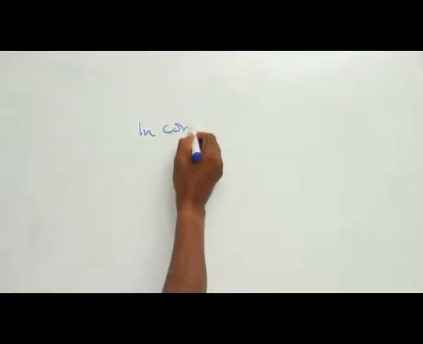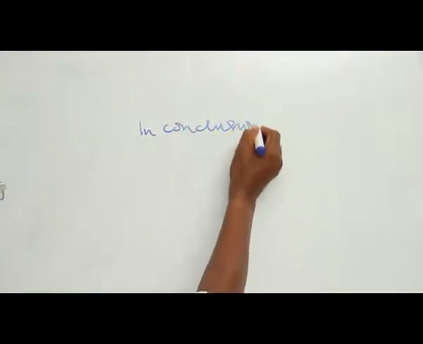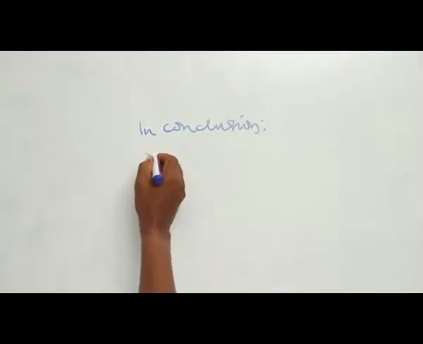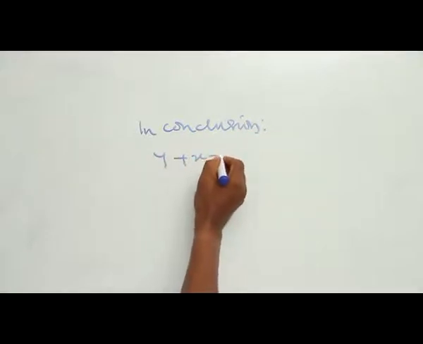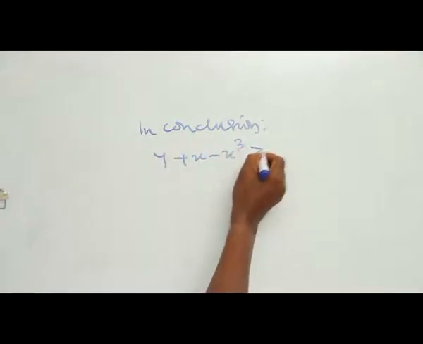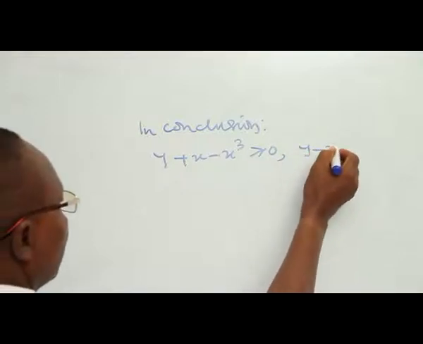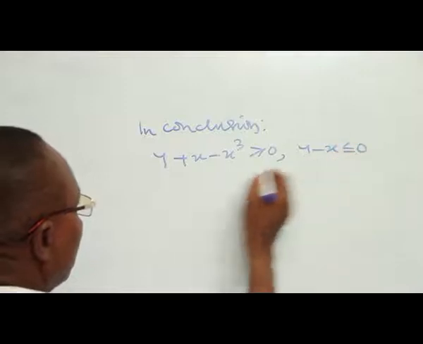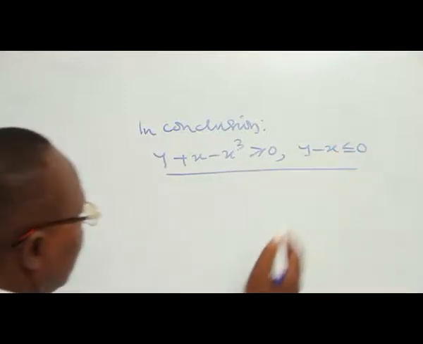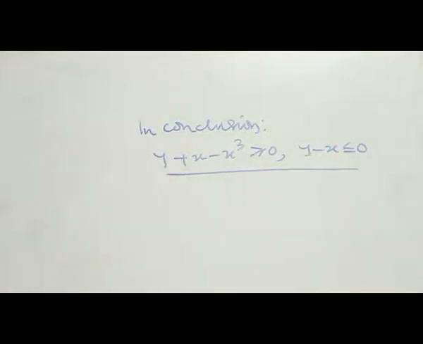In conclusion, y plus s minus s cubed is greater than or equal to 0, and then y minus s is less than or equal to 0. This is the inequality representing the region that is shaded in that graph.